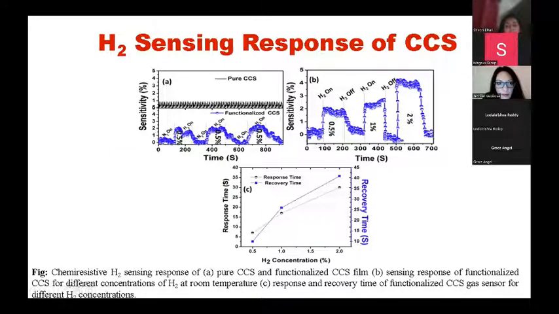When we change the concentration of the gas, the sensitivity also changes. And this one is the response and recovery time of the CCS sensors. It is approximately of the order of seconds. So from this result, we can say that we can replace graphene and other carbon materials, which are very costly in comparison to CCS, when we talk about hydrogen gas sensors.